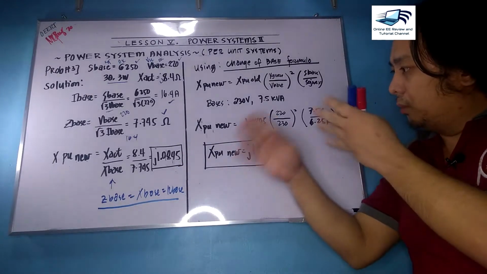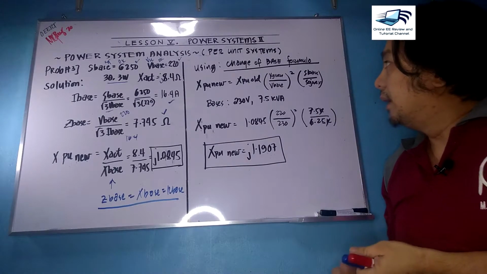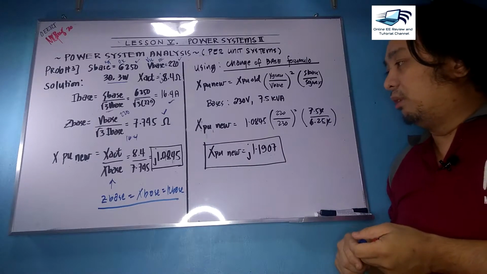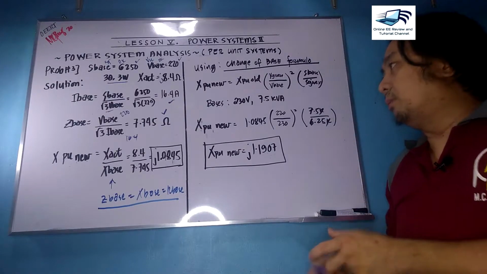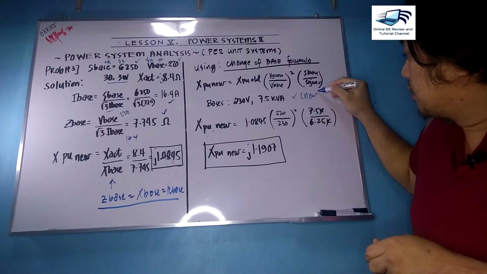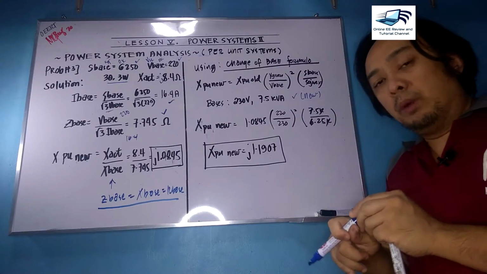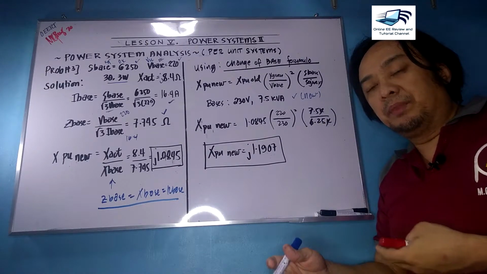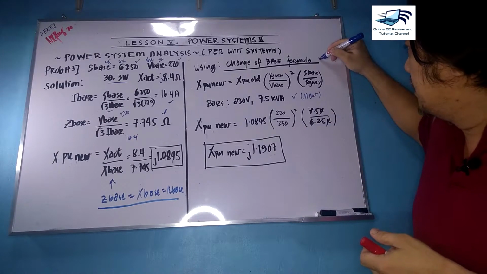Now you need to express this in another form of per unit value in terms of the new bases. So this is the new value here. Go back to what we discussed on the basic fundamental concepts, the change of base formula.